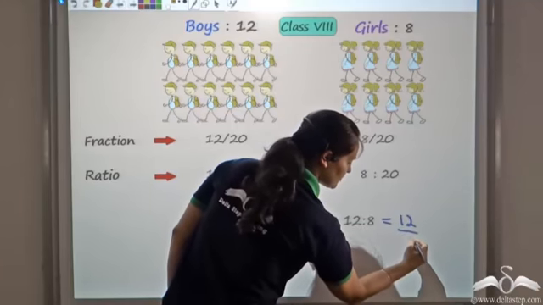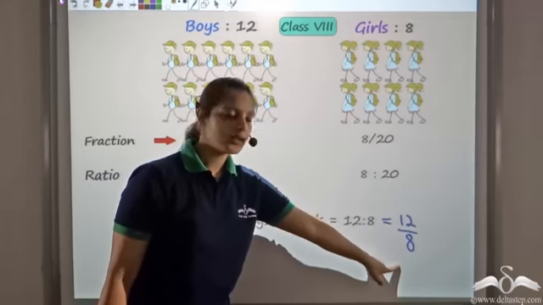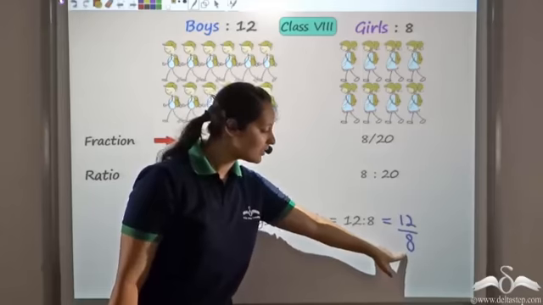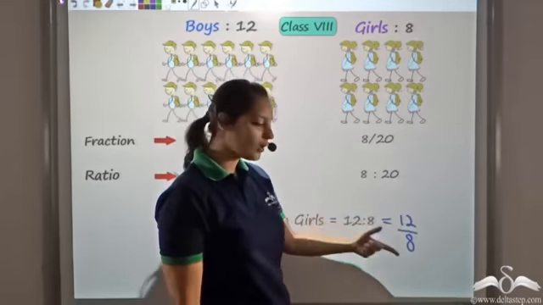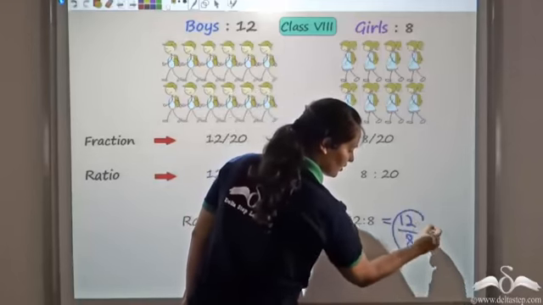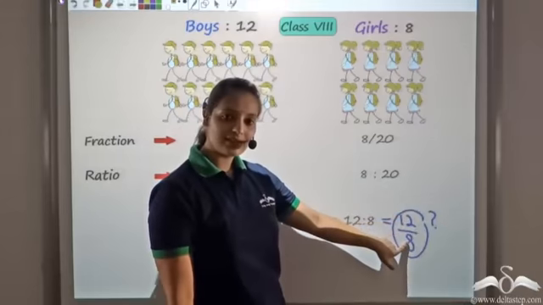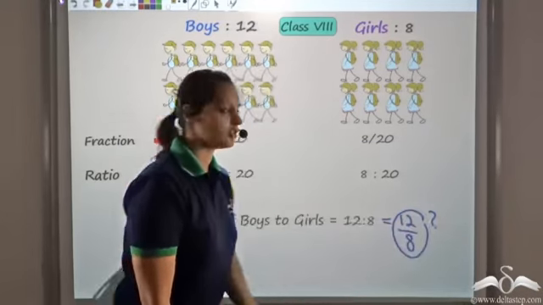Each ratio can be expressed as a fraction. But will this fraction make sense? What does this mean? If I divide it into 8 parts, 12 of those parts are boys? Boys to girls, what will this actually mean? Or what can I say, 12 boys to 8 girls? So this fraction, I cannot read this fraction.